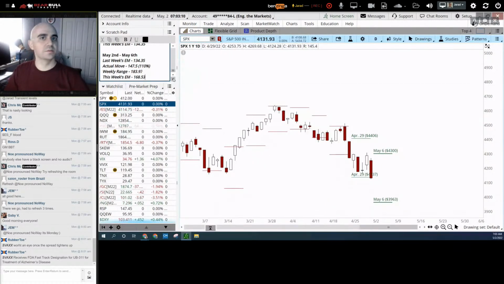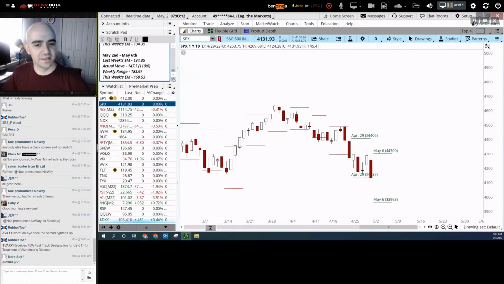Now, what's so important about these numbers and the impact it has for us as traders? Well, first and foremost, let's take a look at the past couple of weeks. So far, the market has been either testing the expected move to the downside, and this was a relatively low volatility range.